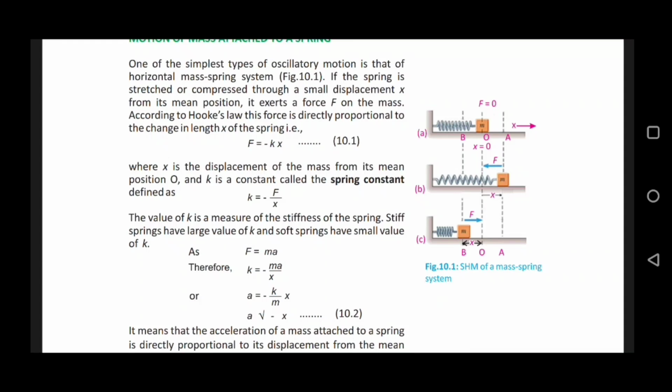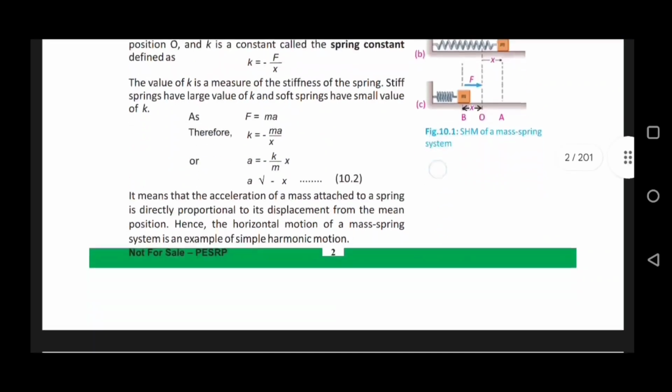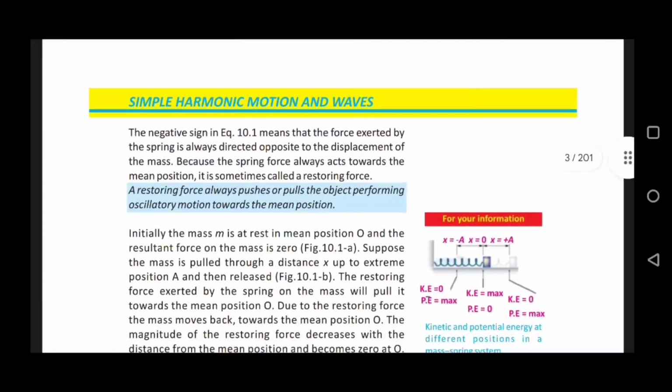In one case the spring is pushing, and in the other case pulling, and the force is directed always towards the mean position. And we can call this force the restoring force, because it compels the spring to restore the original position.